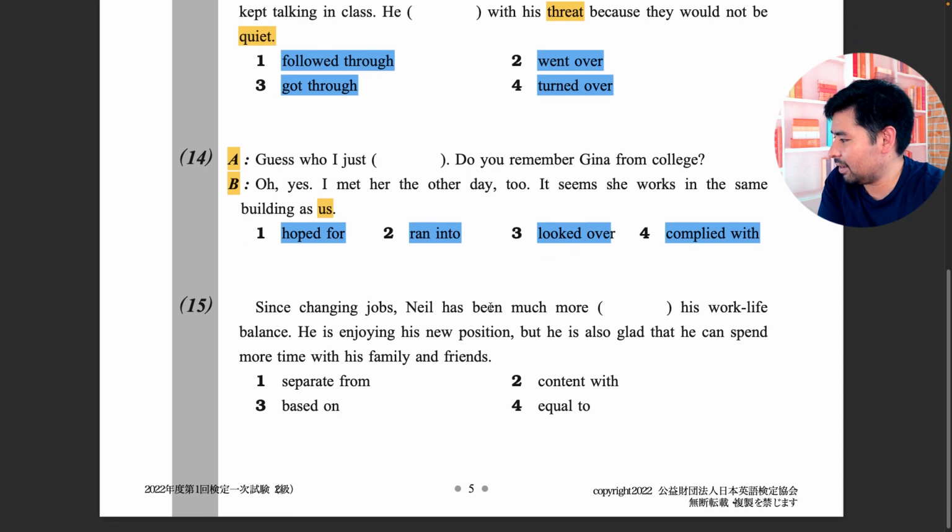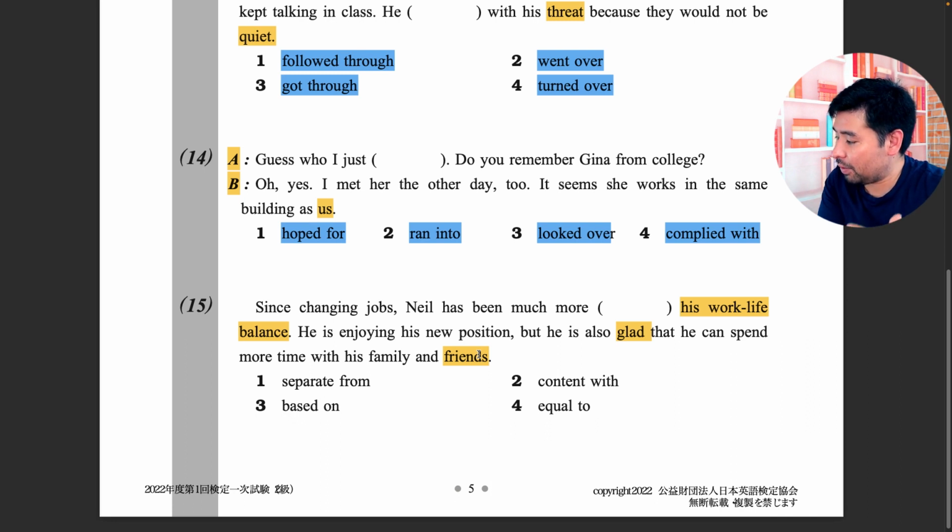And the last one, 15. Since changing jobs, Neo has been much more something his work-life balance. He's enjoying his new position, but he is also glad that he can spend more time with his family and friends. So since changing jobs, he changed his job, right?